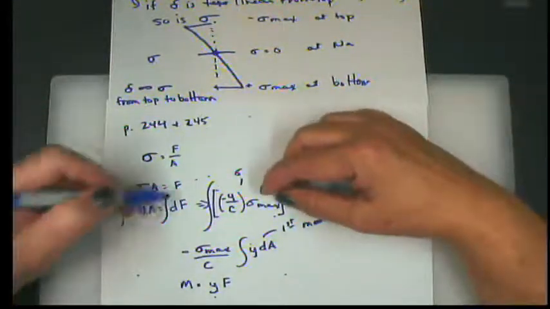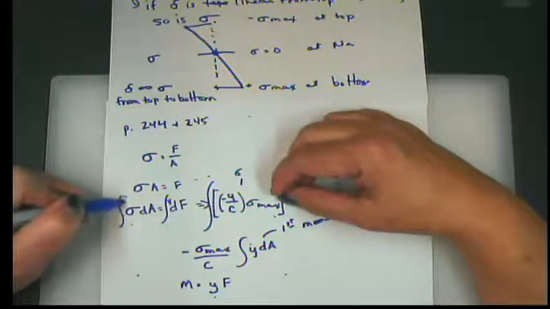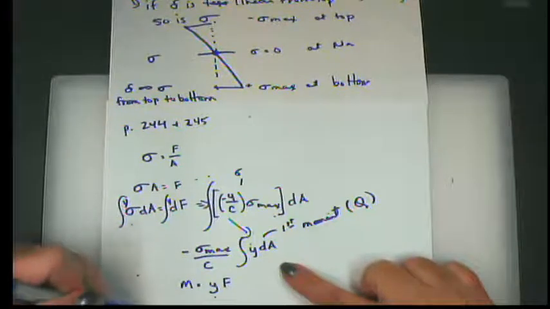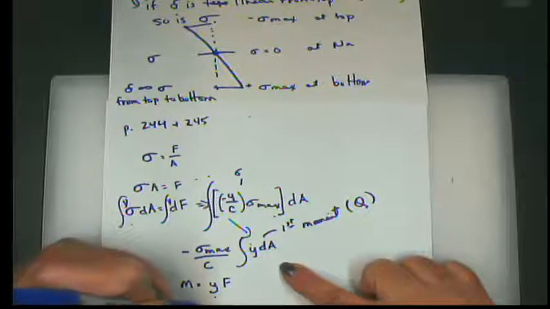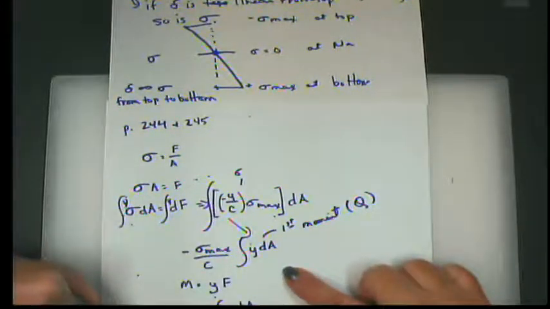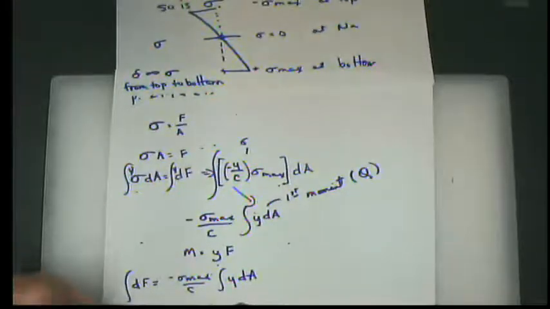And if we go back here and think about putting a y here and another y here, we come up with an idea that if a force is equal to negative sigma max over c times the integral of y dA, then if a moment is a y times a force, we get dM is equal to minus sigma max over c times the integral of y squared dA.